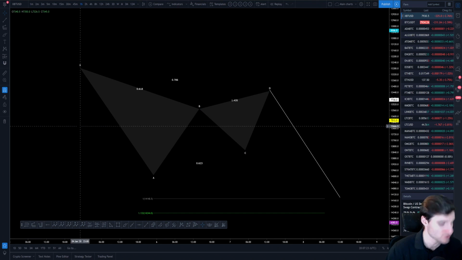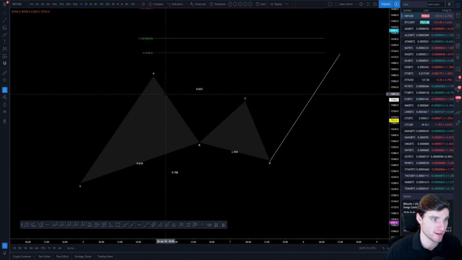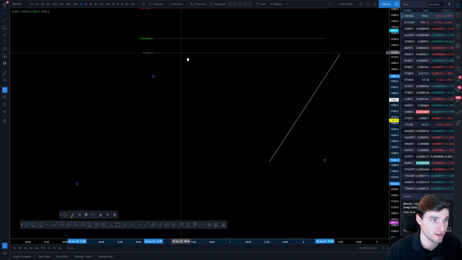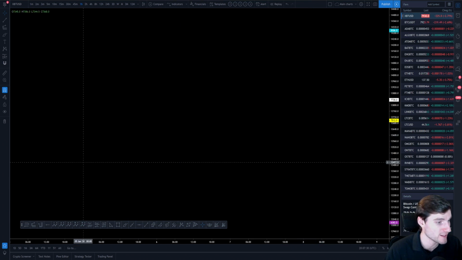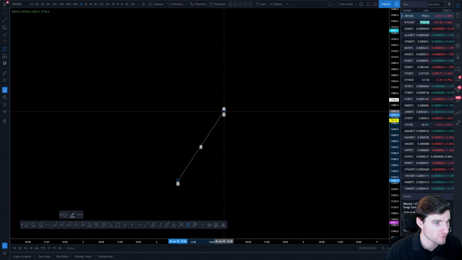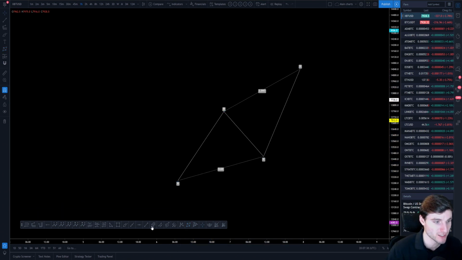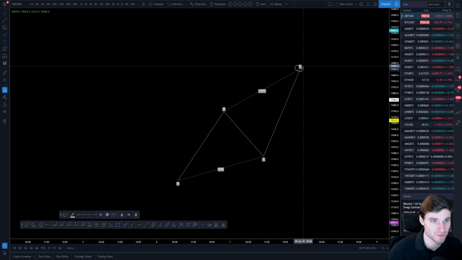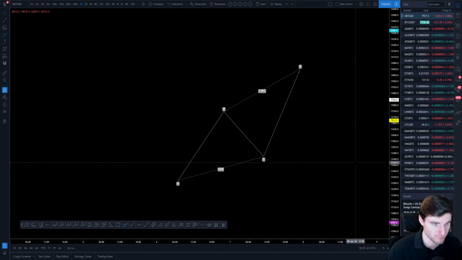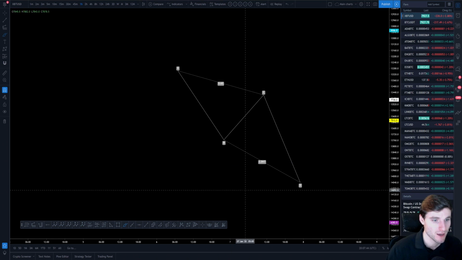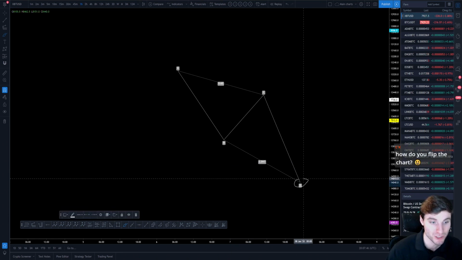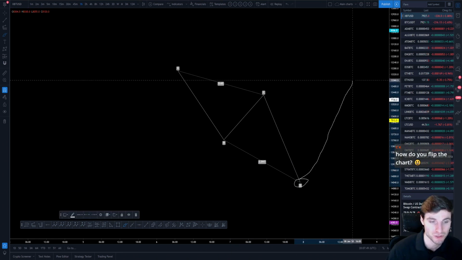Okay, so that's what I wanted to mention earlier. But with the ABCD one, that was the question. So here, if you go ABCD, this would obviously be a bearish harmonic ABCD, because point D is at the high and you look to short that down. And if it looks like this, point D is at the lows, this is a bullish harmonic pattern, and you would look to trade that higher.